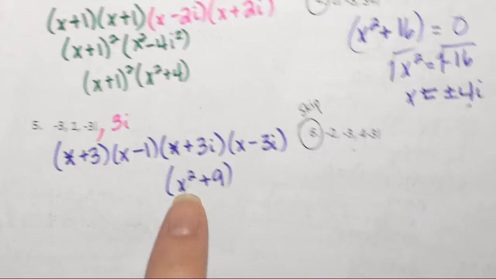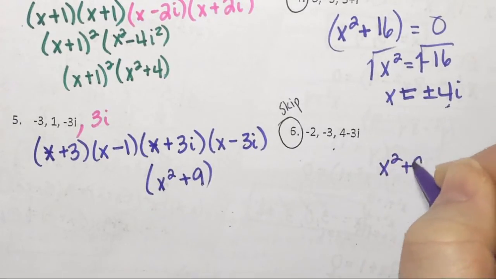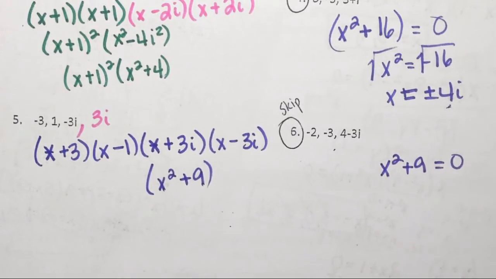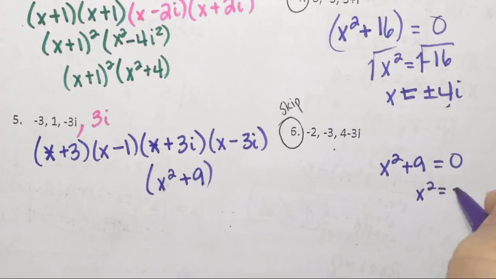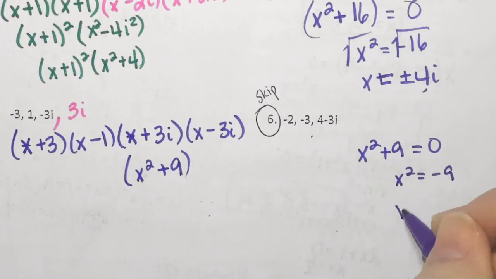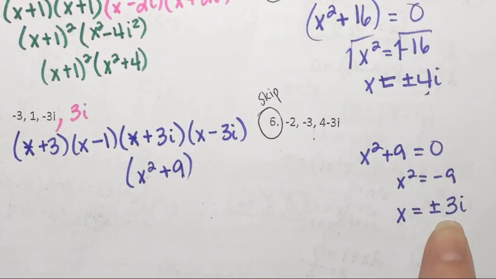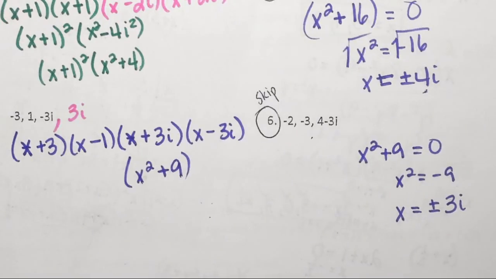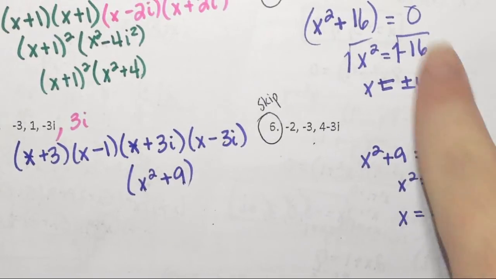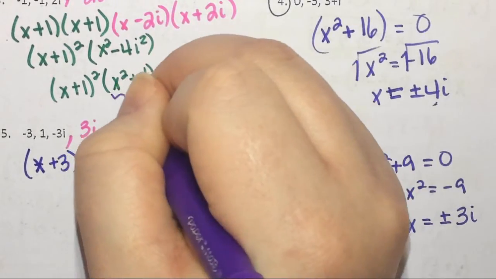And again, the reason I realize this is because we've worked so many problems where I end up setting that term equal to 0, that when I solve, I already know I'm going to end up with a negative perfect square. And I know when I take the square root, that's going to lead me to that plus or minus the square root of my perfect square with an i. So if you've noticed this pattern the way I have, you can jump straight to here.